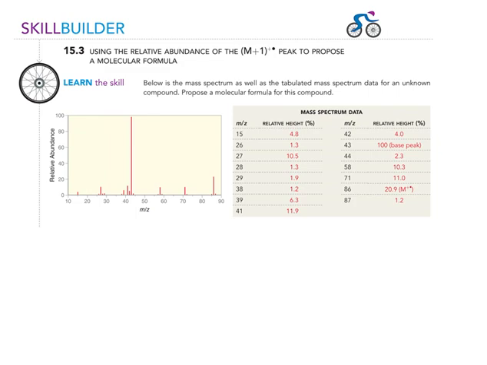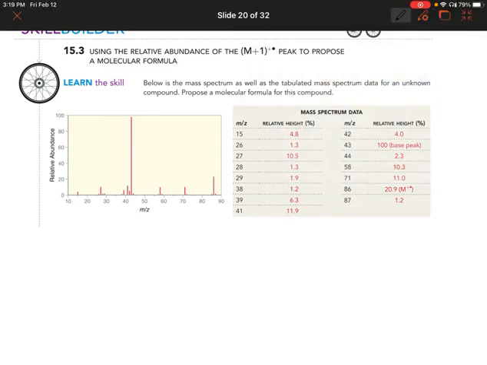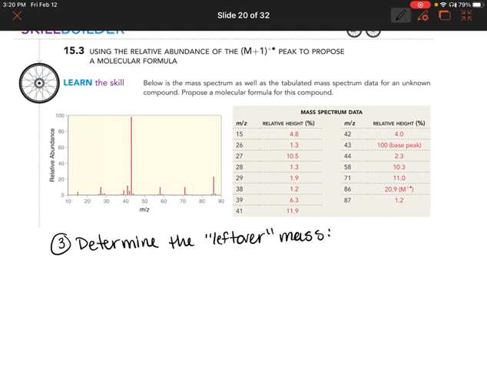In the next step, what we're going to do is determine our leftover mass. We said that we had a compound with a mass of 86, so that's our parent peak. Now we're going to subtract the mass of those 5 carbons that we know are in the compound. Let's do some quick math.